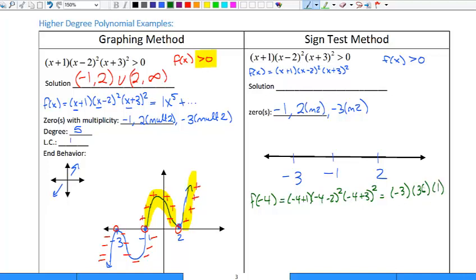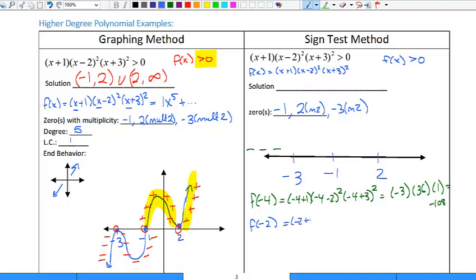So a negative times a positive turns out to be negative 108. It's large, but the real big thing is that it's negative. A negative times a positive is a negative. That's good enough.